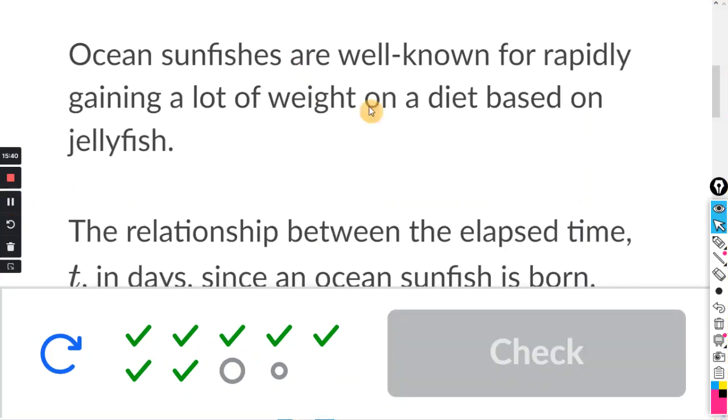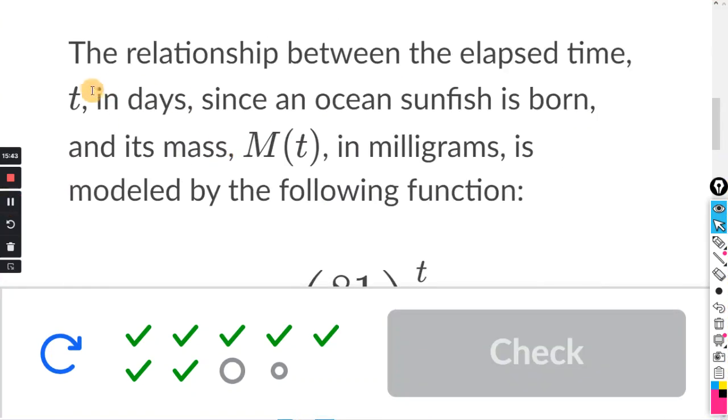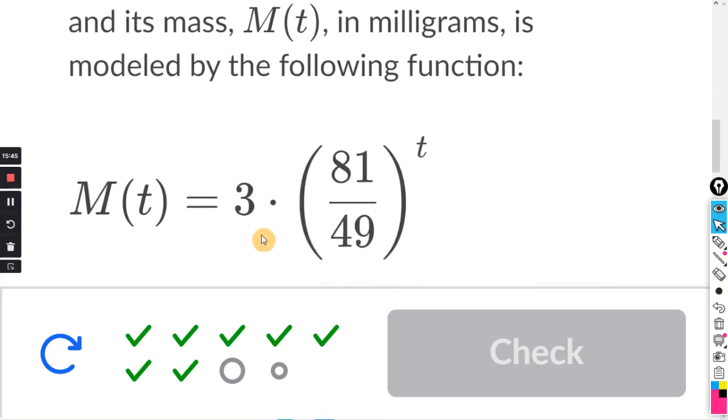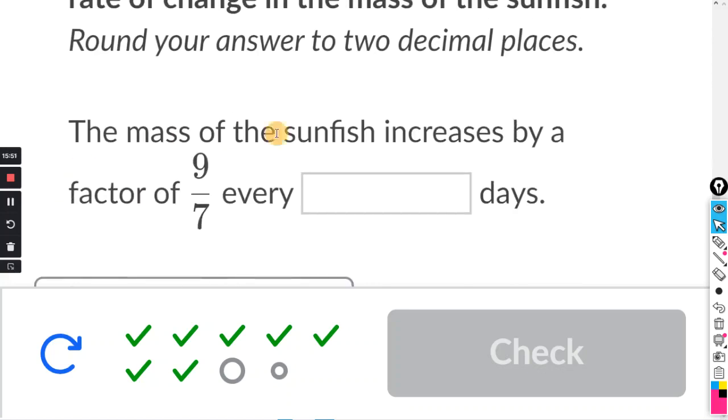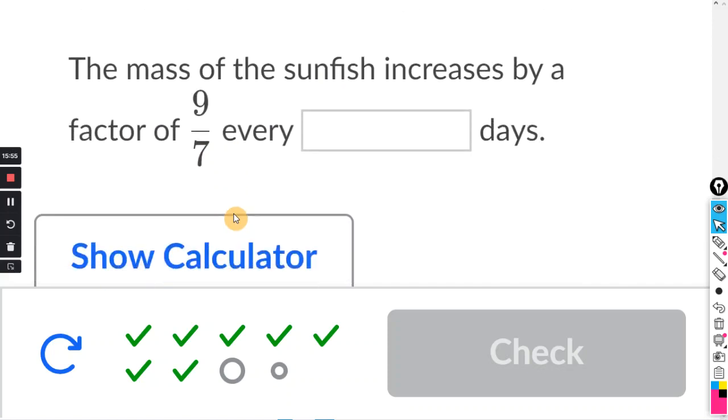All right, sunfish gain weight rapidly. T is in days, M is the mass, and they want to know, rounding to 2 decimals, the mass of the sunfish is increased by a factor of 9/7 every blank days.